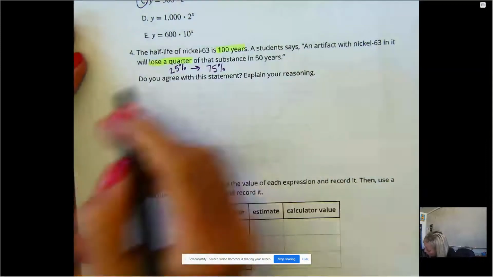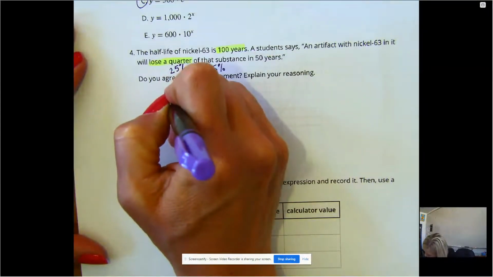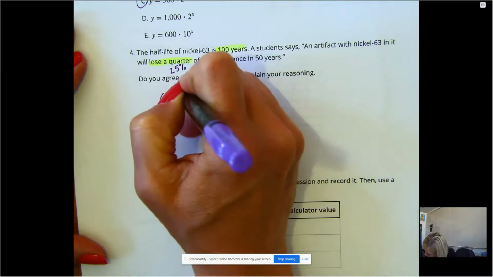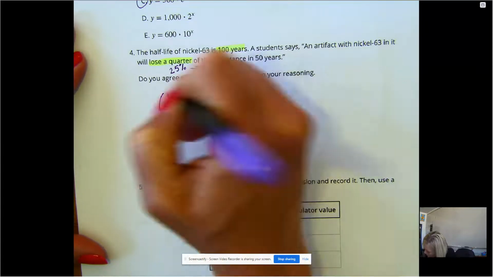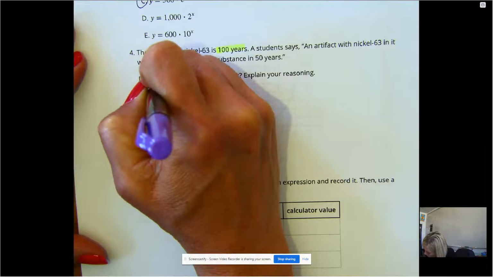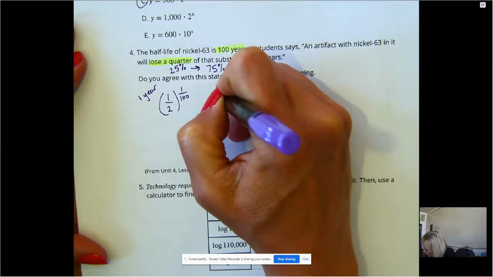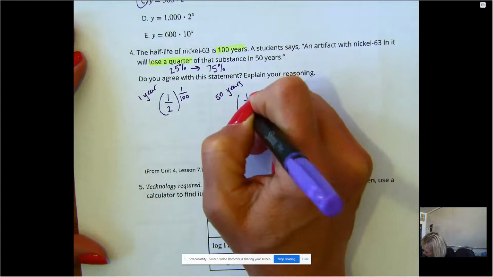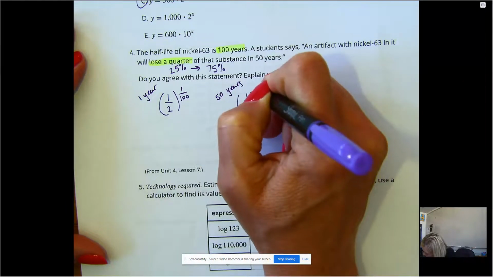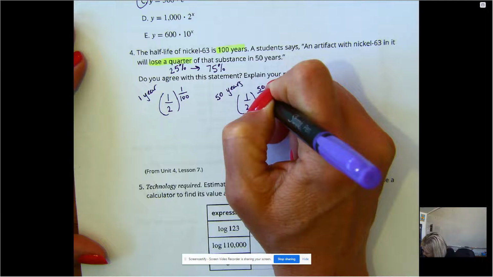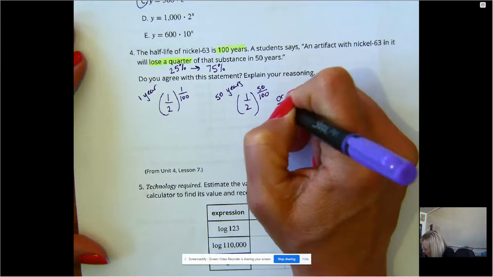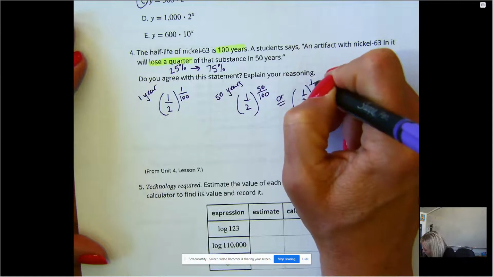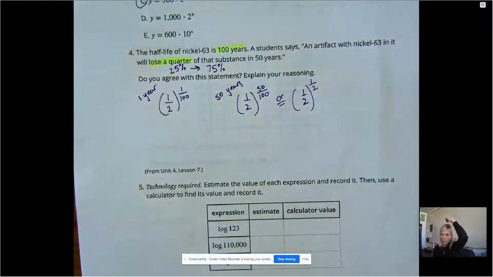So a half-life of 100 years. In 1 year, the decay would be 1/2 to the 1 over 100, right? But for 50 years, it would be 1/2 to the 50 over 100, or you could say 1/2 to the 1/2, since 50 over 100 is equal to 1/2.